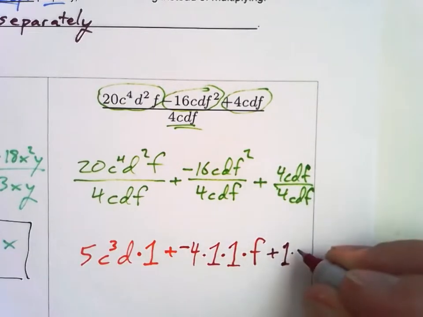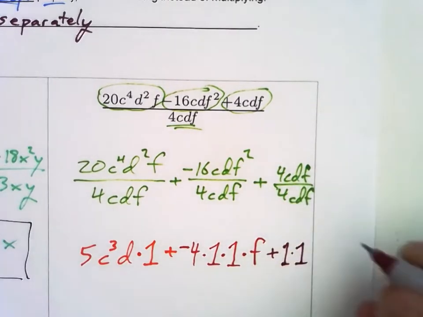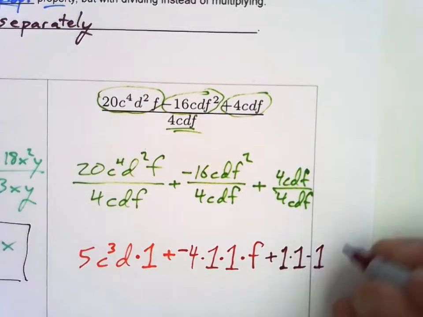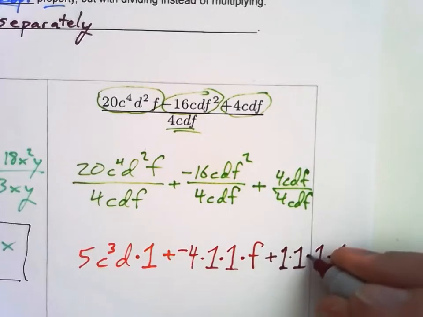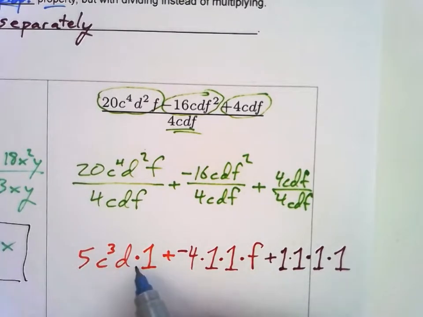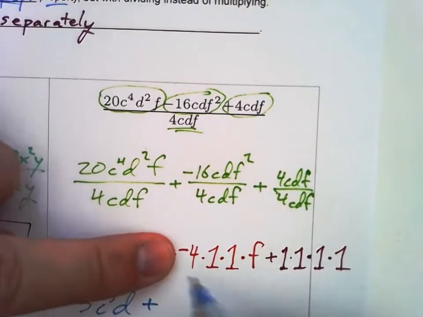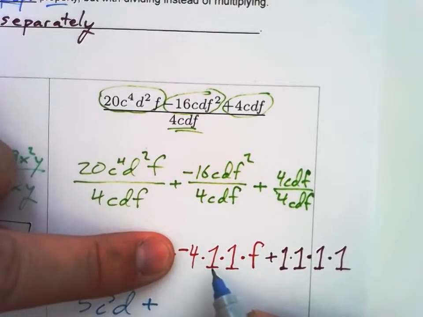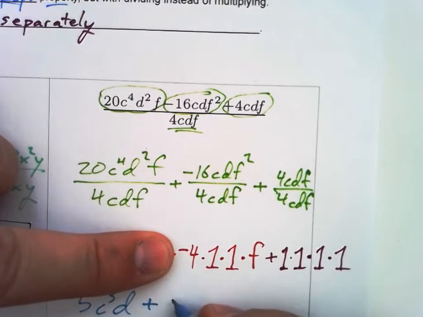C divided by C is 1. D divided by D is 1. F divided by F is 1. Okay, so let's put it all together now. 5C cubed D times 1. Times 1 is just itself, so we'll just write 5C cubed D. Plus negative 4 times 1 is negative 4. Times 1 is negative 4.